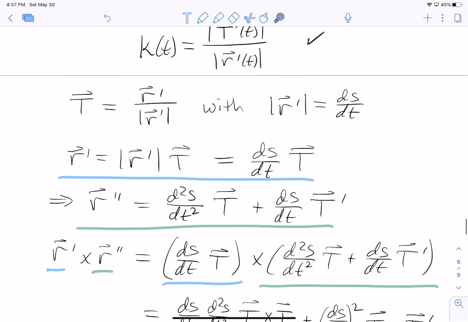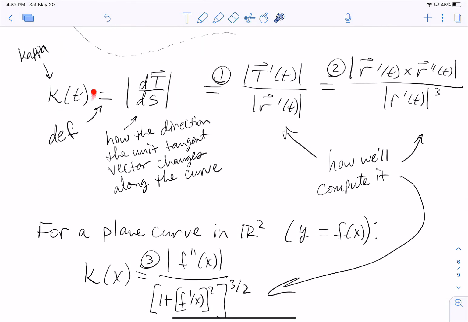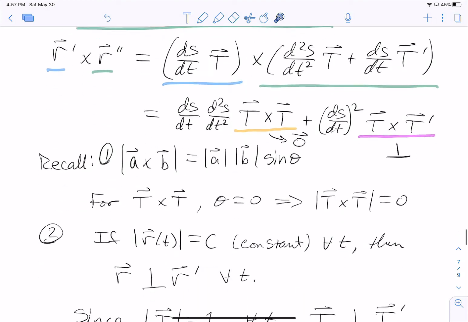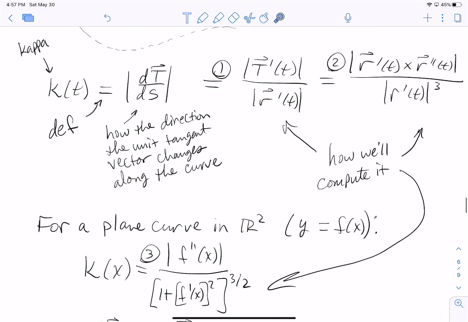So back to where we've already been. Where was it? Here it is. Kappa of t is the magnitude of T prime of t divided by the magnitude of r prime of t. That's what we called expression 1. I meant to say magnitude of r prime of t in the denominator.